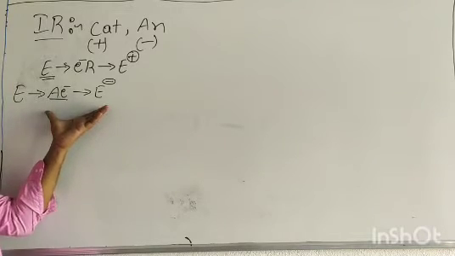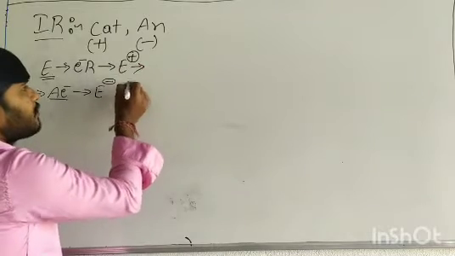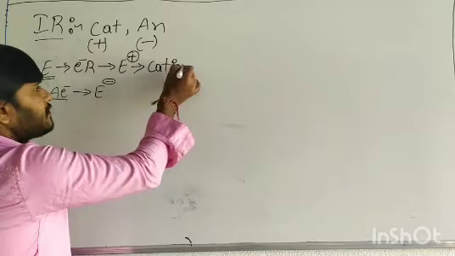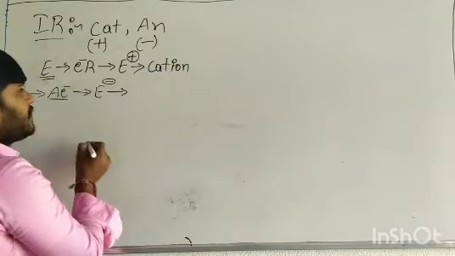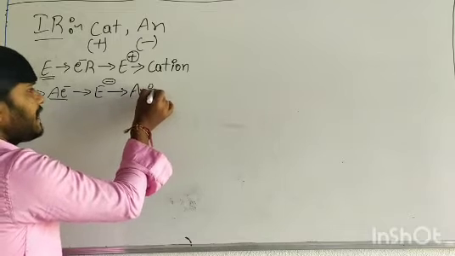If a positively charged element is developed, it is considered a cation. If the element develops a negative charge, it is considered an anion.